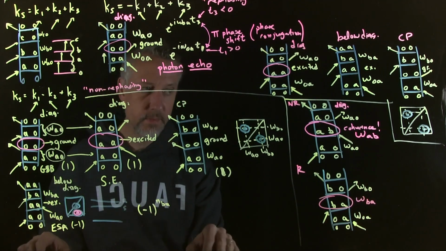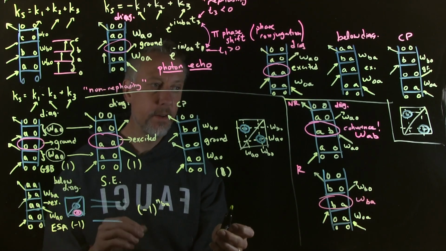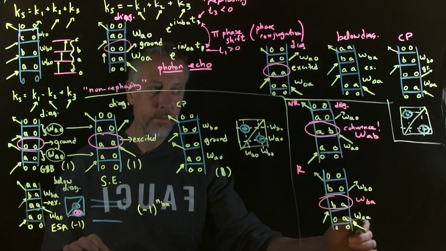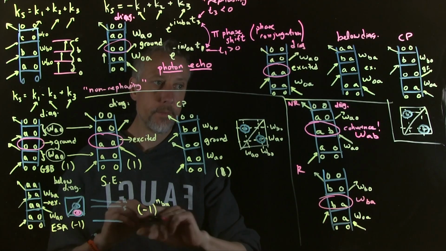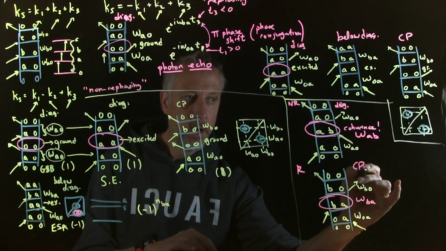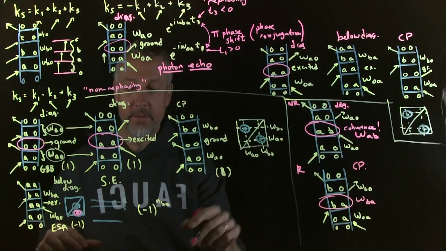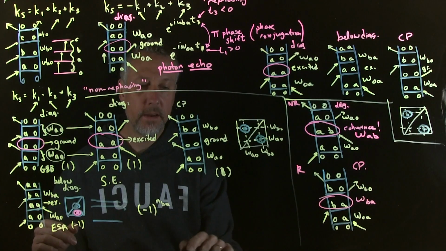All right, so what do we notice about this? The main thing that we notice is that this is a cross peak. Whereas in the case of the non-rephasing spectrum, it's a diagonal peak.